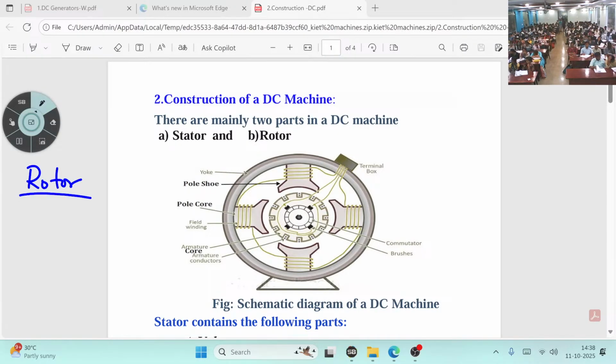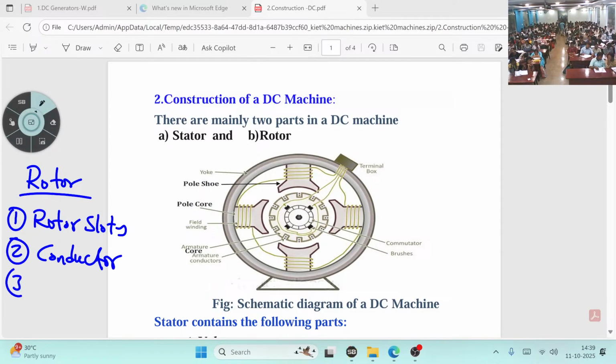The rotor consists of four parts. First is rotor slots, second is conductor, third is commutator, fourth is brushes. Why do we require rotor slots?